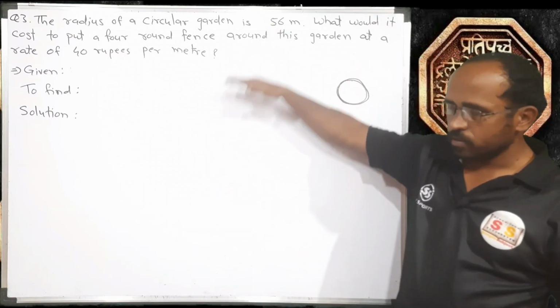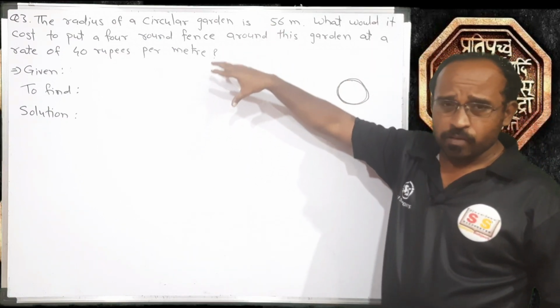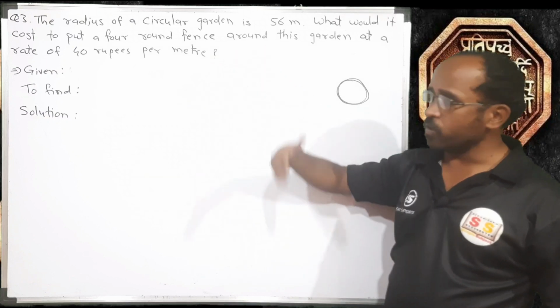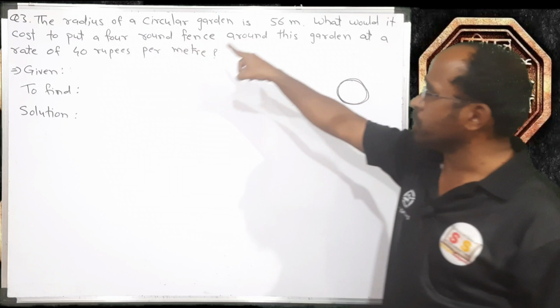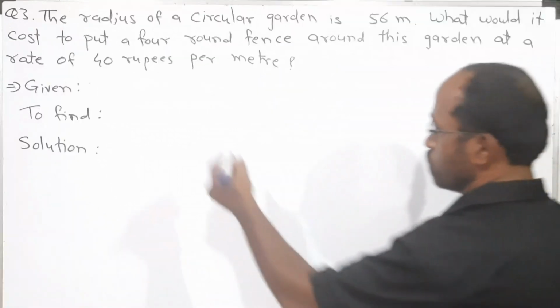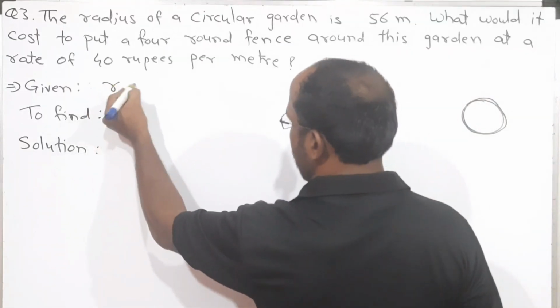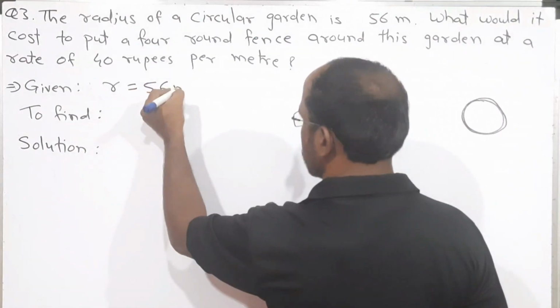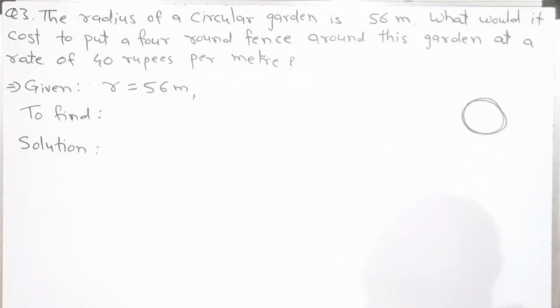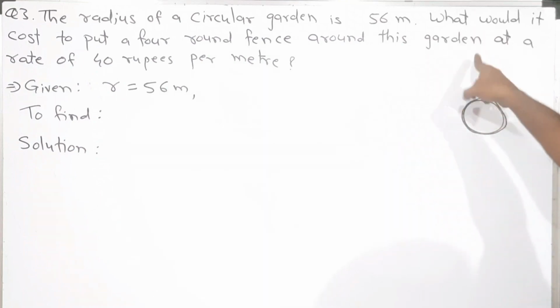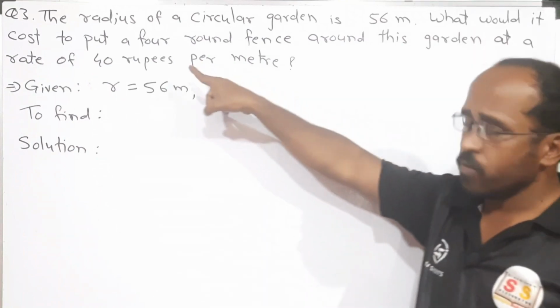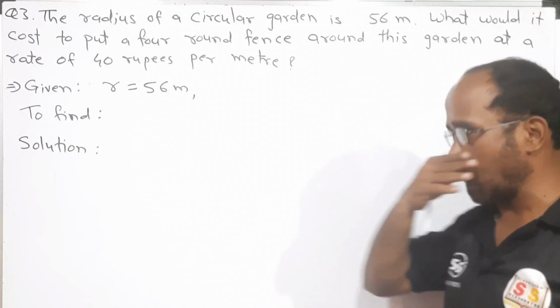So let us segregate which information is given, which information we have to find out, how to find out the solution. What is given? The radius of a circular garden is 56 meter. So we can say radius of a garden R is equal to 56 meter. What would it cost to put a 4 round fence around this garden? Around this garden we have to put a fence of 4 round.